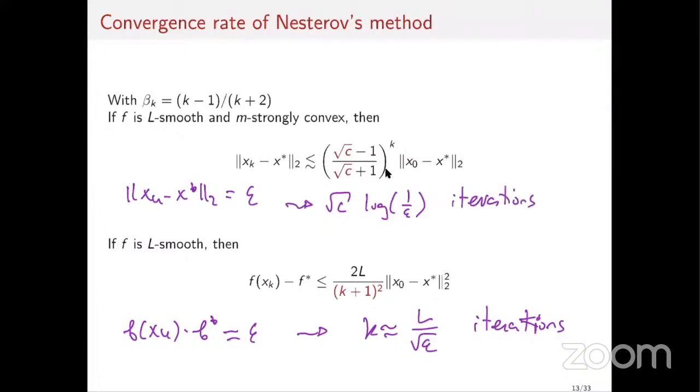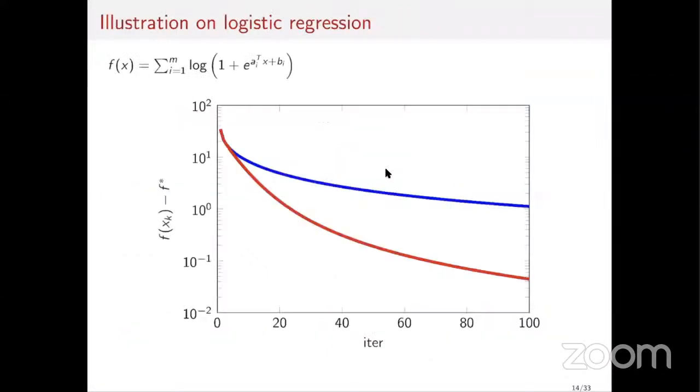And what is important here is that this works for any function f. It doesn't have to be quadratic. As you can see, this method is also very simple to implement. So I've implemented it here for a problem in logistic regression.